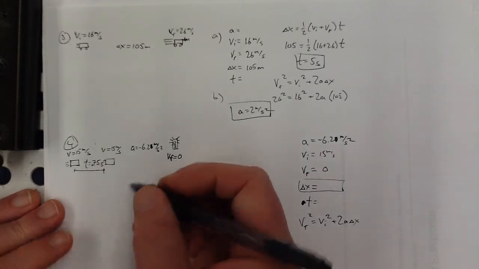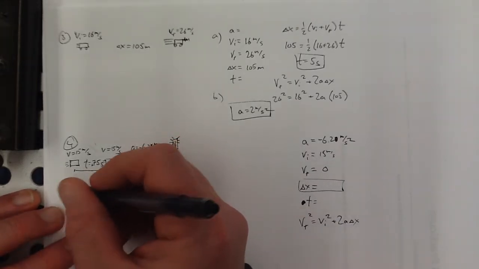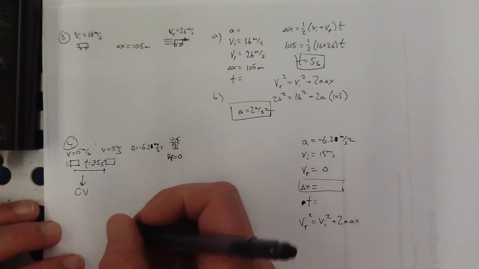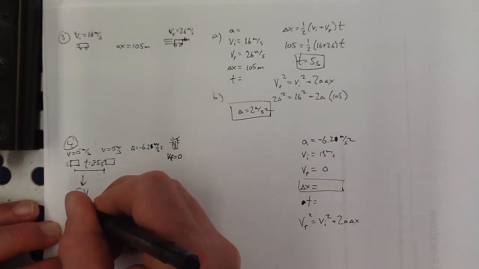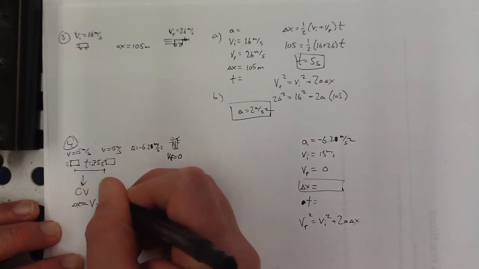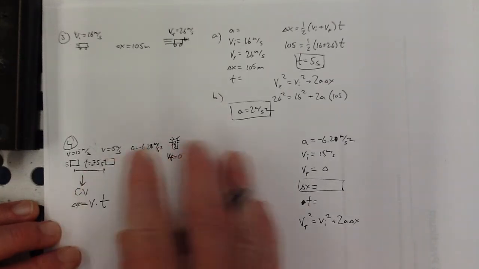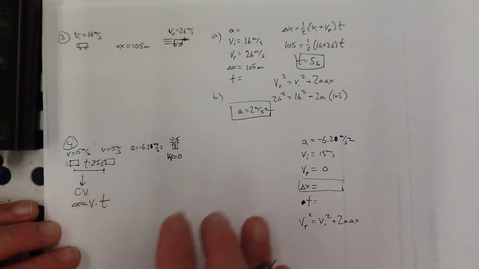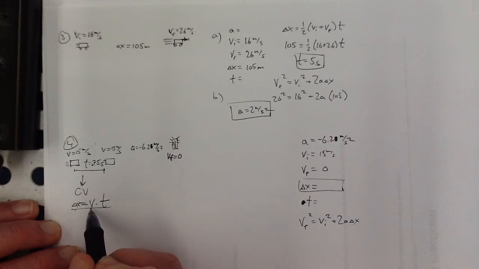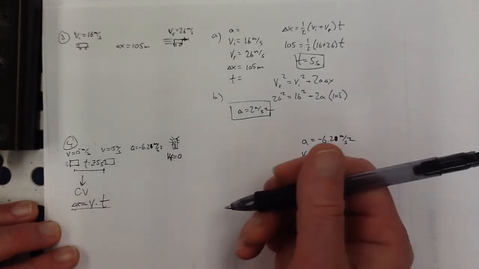So what's happening here? Well, with constant velocity, the mathematical model that we have is displacement is equal to velocity times time. There's no acceleration, there's no initial and final velocity because velocity is constant. So this was from Unit 2. Displacement is equal to velocity times time.